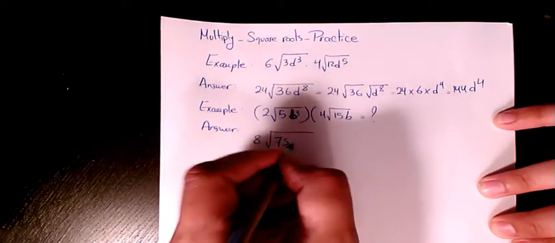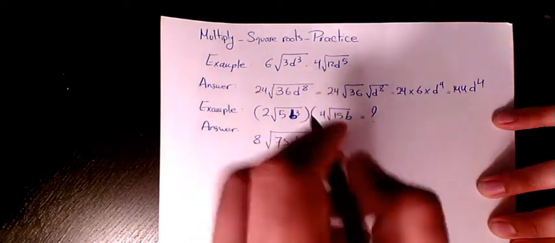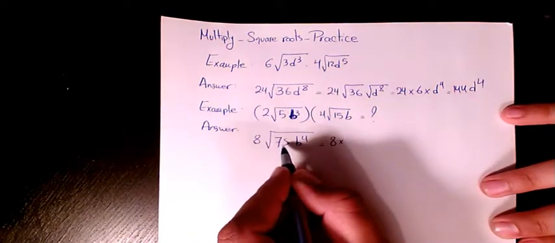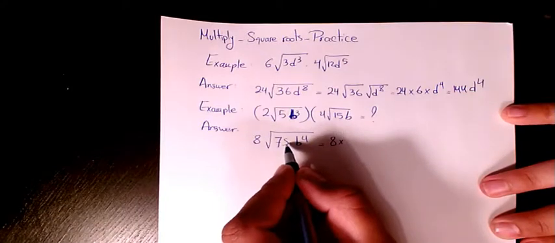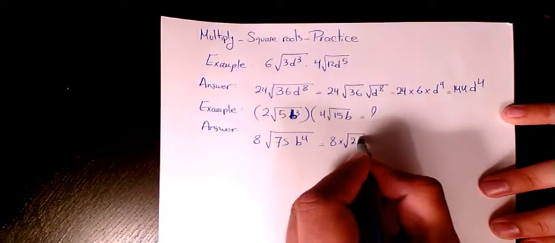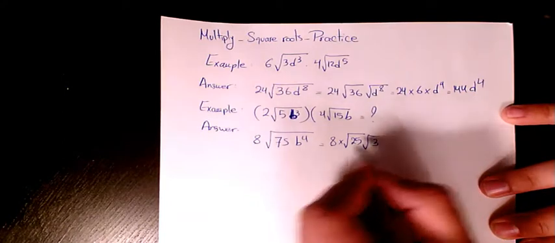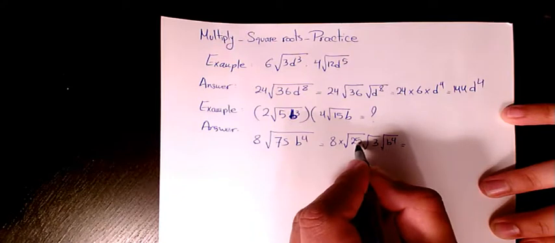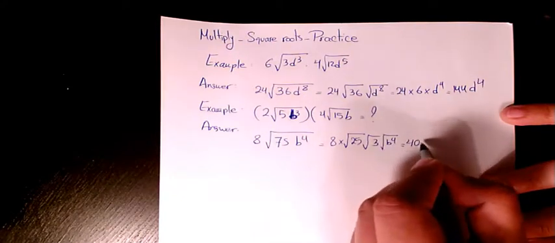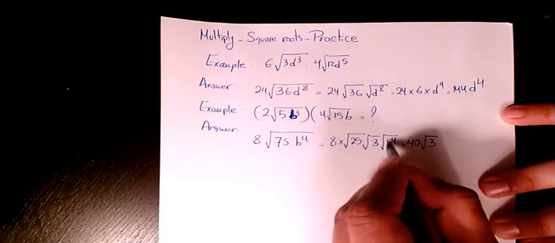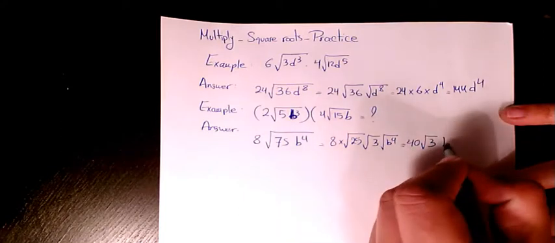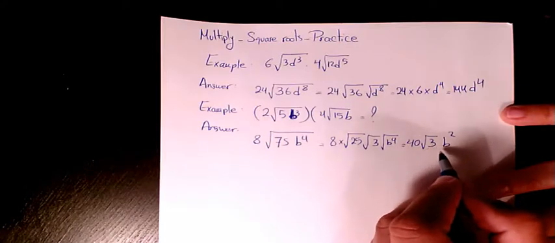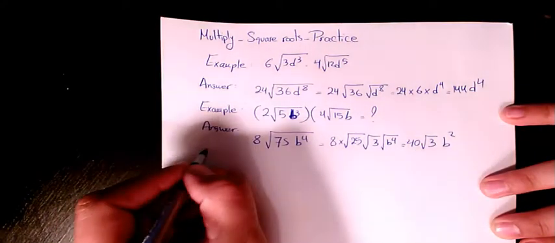B cubed times b is going to be b to the power of 4. So we have 8. 75 is 25 times 3. 25 is a perfect square, so we can write it like that, b to the power of 4. So it's going to be 8 times square root of 25 is 5. So it's going to be 40 root 3, and the square root of b to the power of 4 is b squared. So it's going to be 40 root 3 b squared, or 40 b squared root 3.